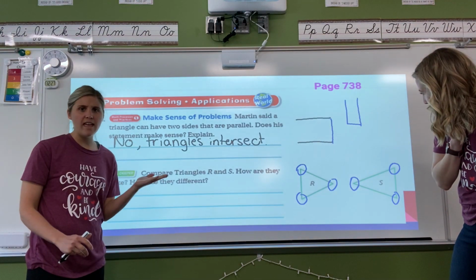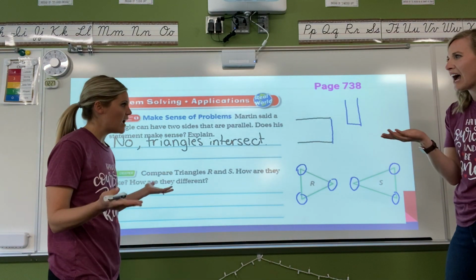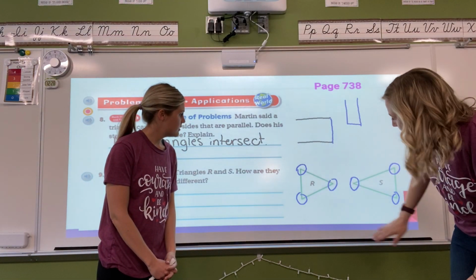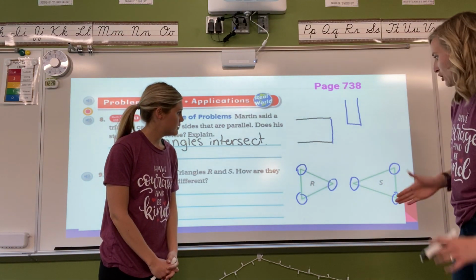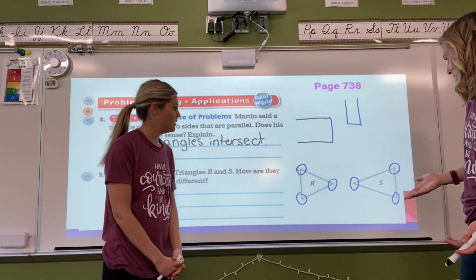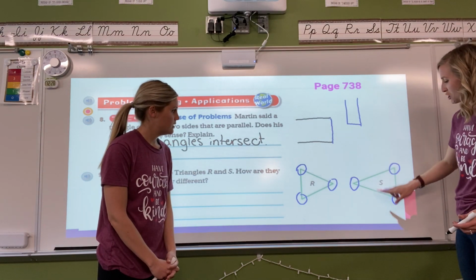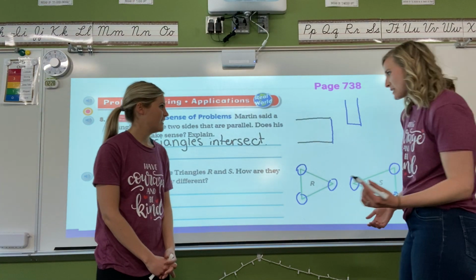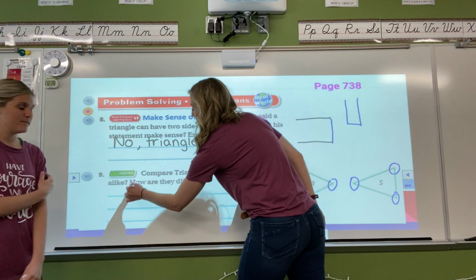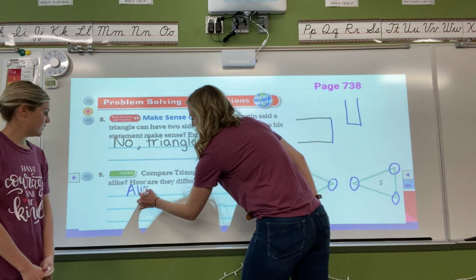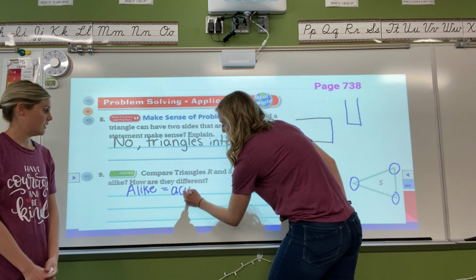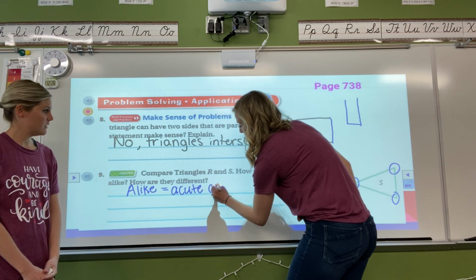Well, we looked at their angles. Let's maybe look at their sides. So if I'm looking at R, it kind of looks like all these lines could be the same length. Yeah, I think so. But over on S, only 2 of them are the same. So I guess the way that they are alike is they all have acute angles.